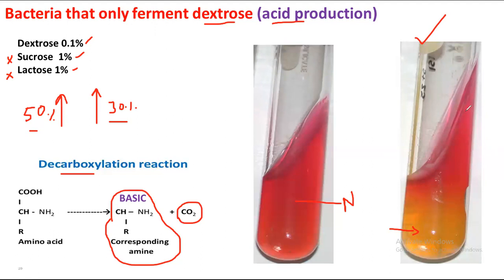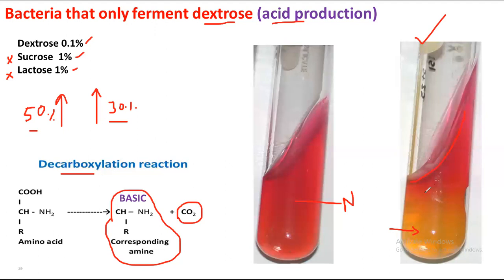Here the amine has not completely but partially neutralized the acid. So such a result is present, and this means that when the bacteria are only fermenting dextrose, this happens, and the yellow color will be pale.